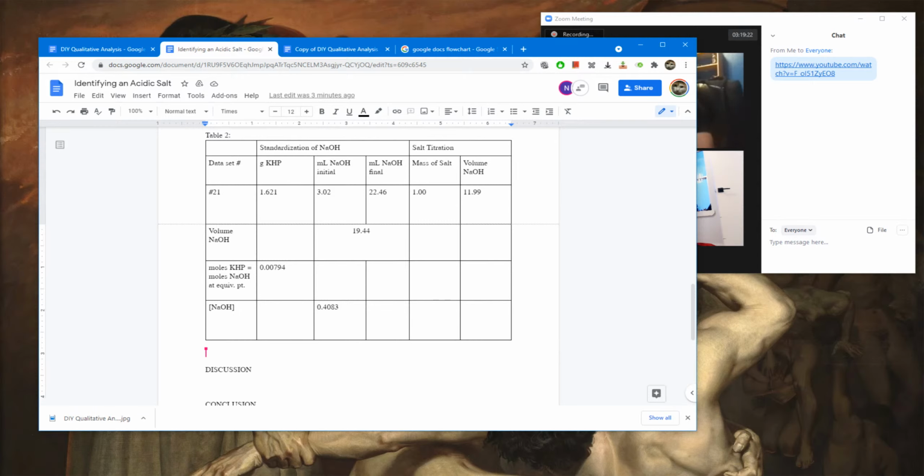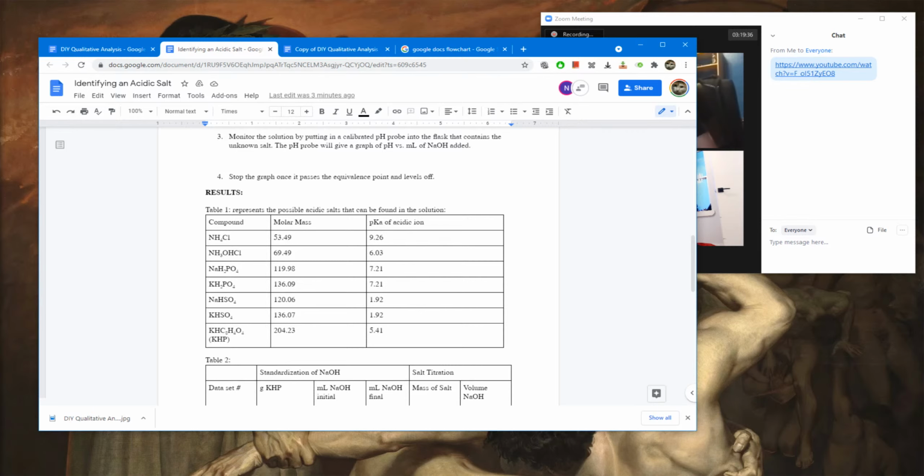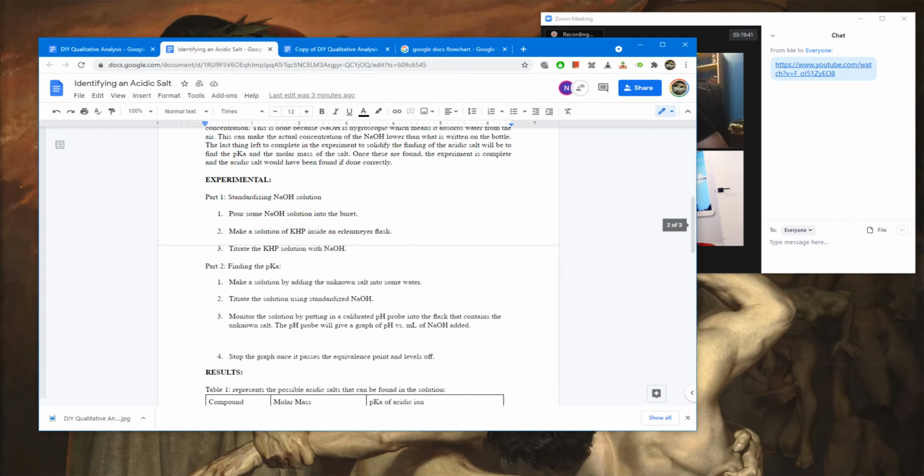Equivalence point. I see what we're doing. So we do the KHP first to find the concentration for NaOH, and then we do it with some unknown salt, and then we figure it out.